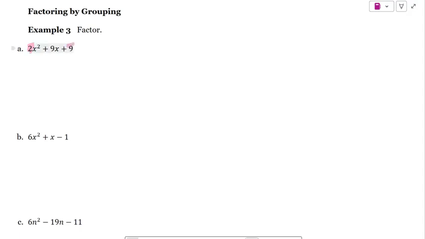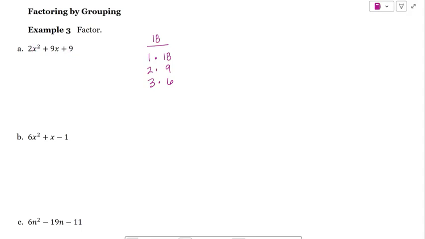So for example A, I'm going to look at 2 and 9, and when I multiply those together, I get 18. I want to think about what are the different ways that I can get 18 by multiplying two numbers together. 1 times 18, 2 times 9, or 3 times 6.